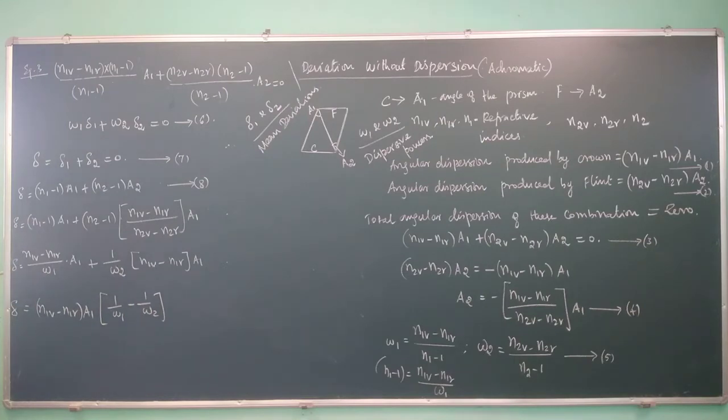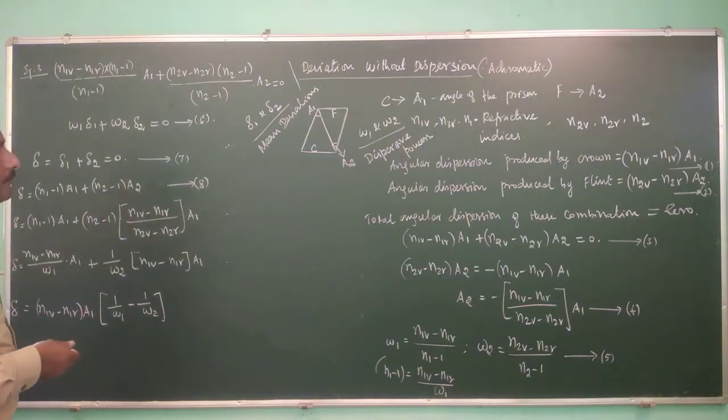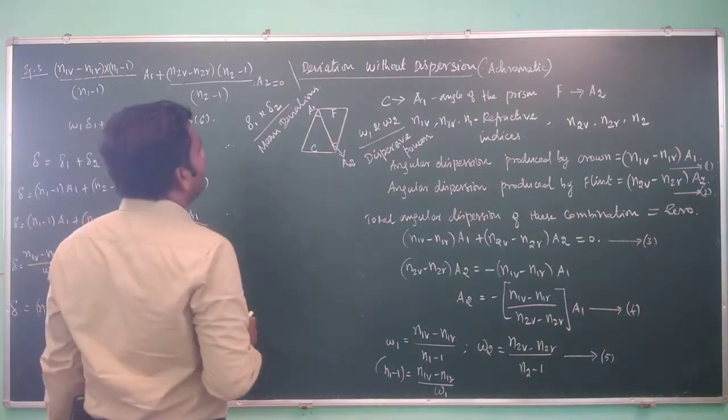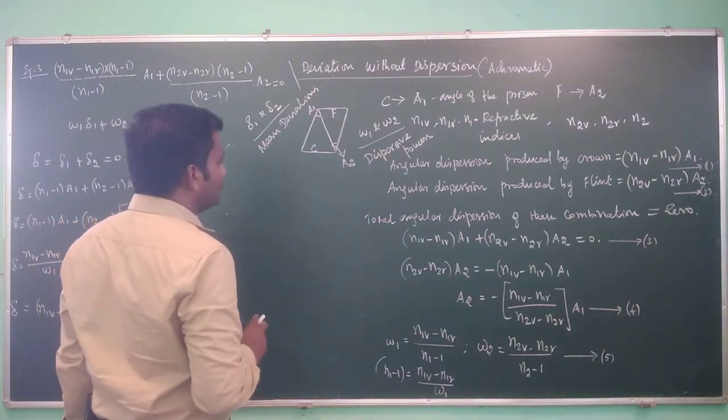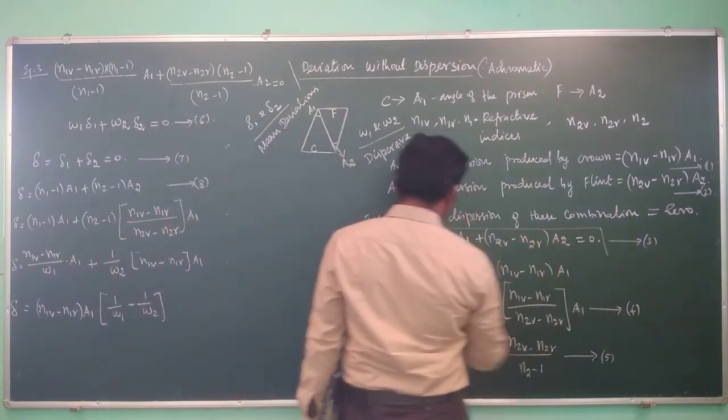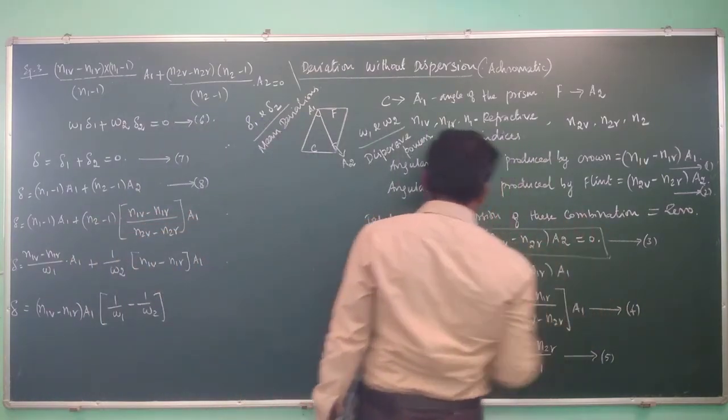Okay, now if you want to have a condition, a prism composition where deviation without dispersion means this expression should go to 0, right?